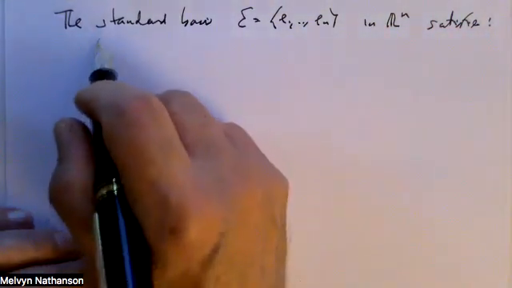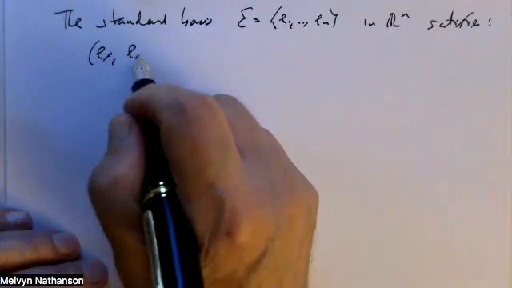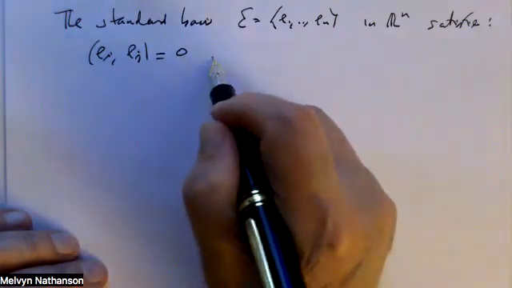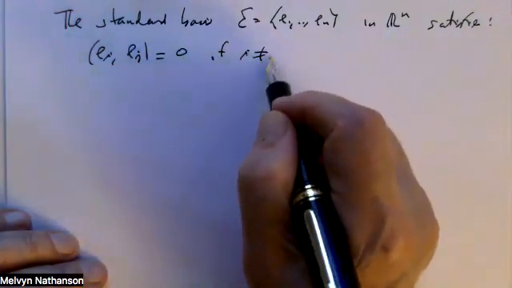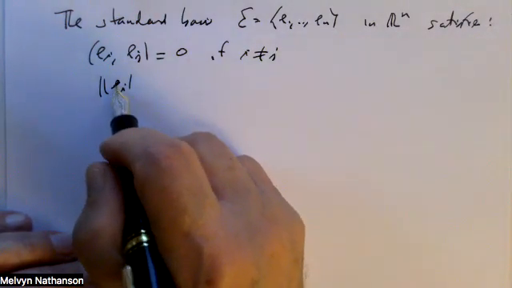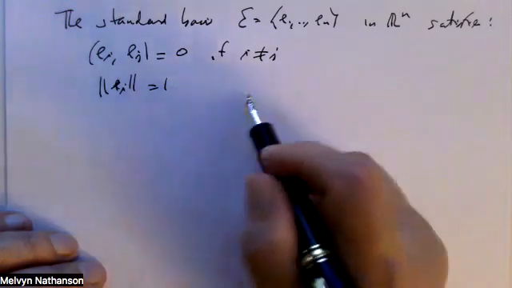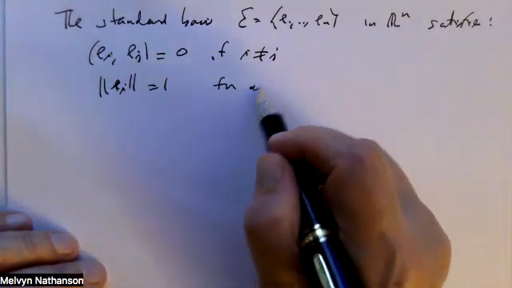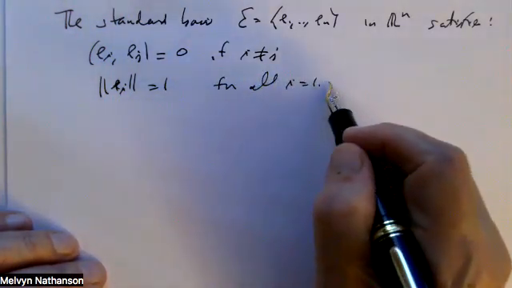It satisfies the following properties. First, the inner product of e_i and e_j is 0 if i is different from j, and the length of each vector e_i is equal to 1 for all i.